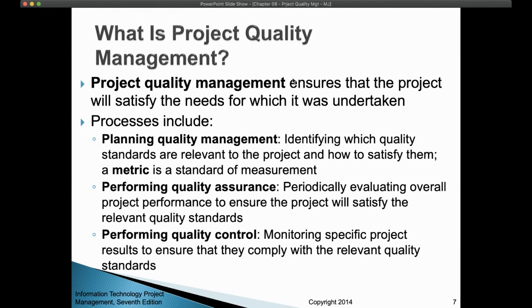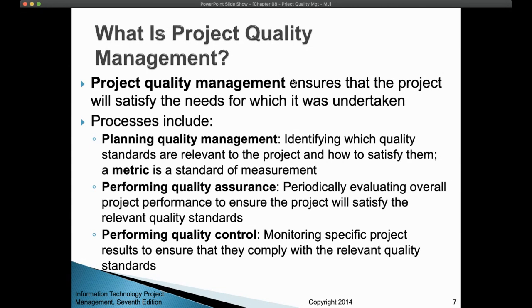Then you have performing quality assurance. And performing quality assurance comes in the execution, after planning, after you started working on your product development or on the system development. You want to ensure that you are performing the work up to the standard.